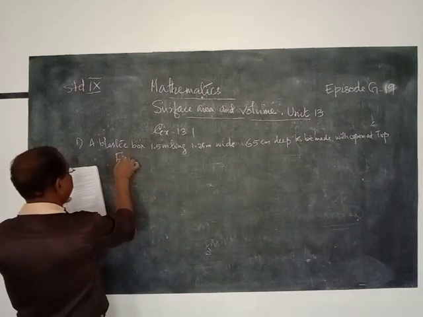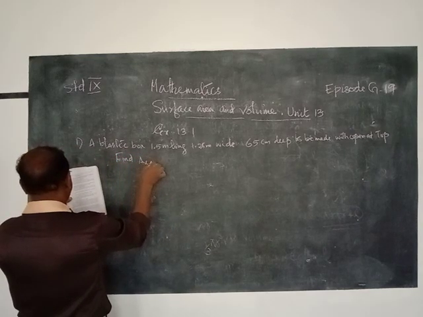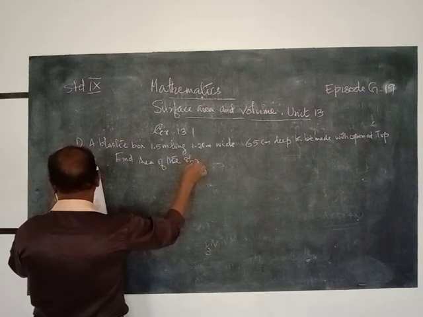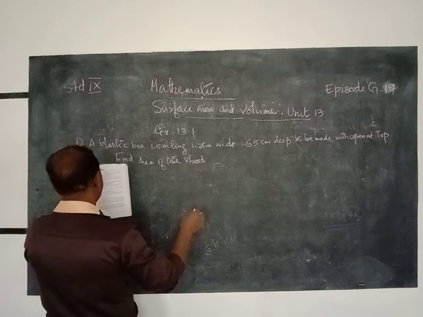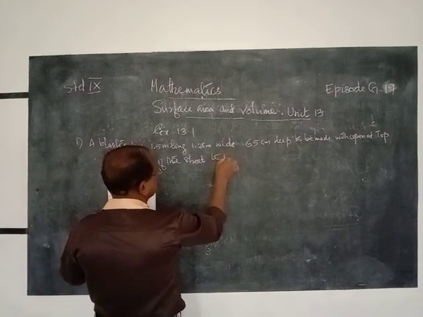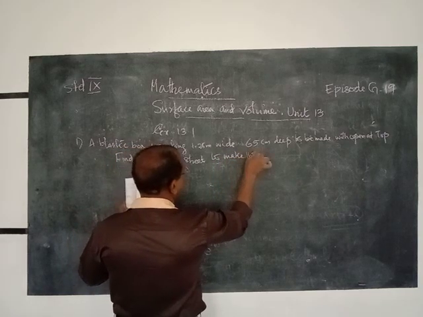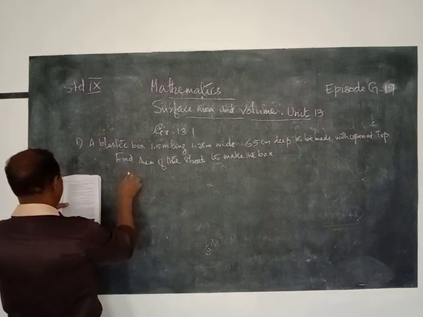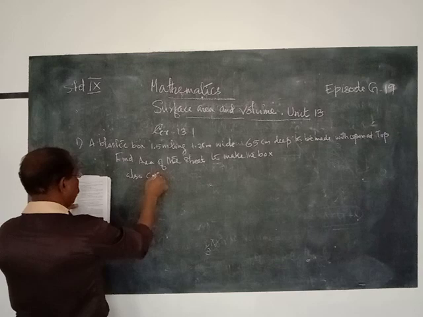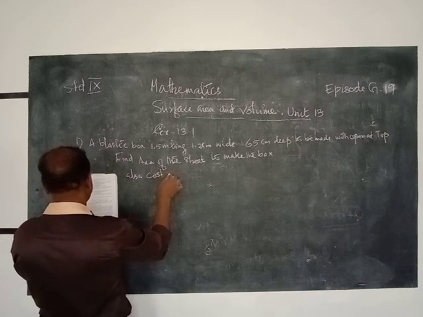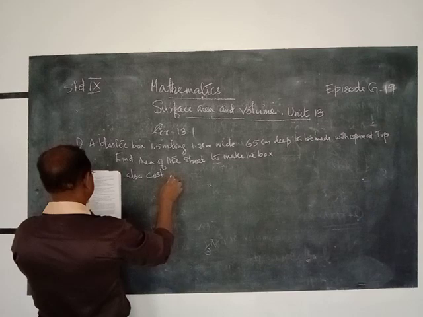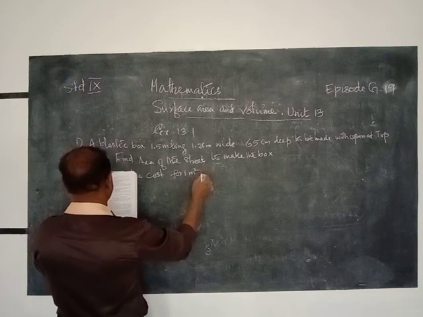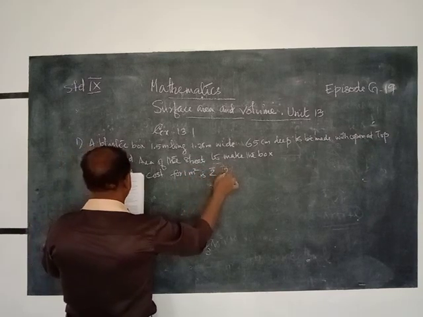Find the area of the sheet to make the box. Also find the cost of the sheet if 1 meter square costs rupees 20.